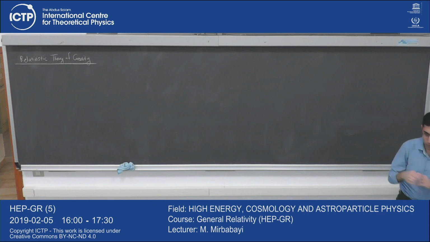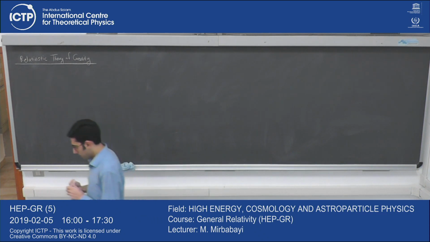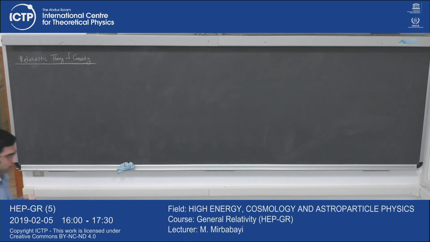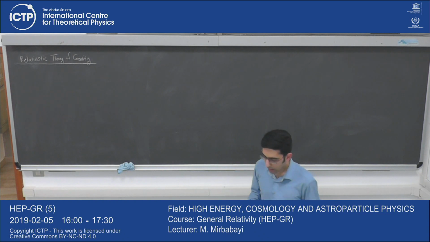So what is the starting point? The starting point is that we decided that the symmetries of our theories that describe nature should be Lorentz symmetry or Poincare symmetry.